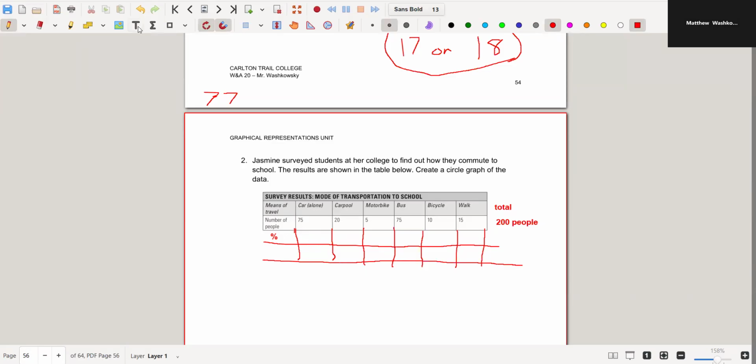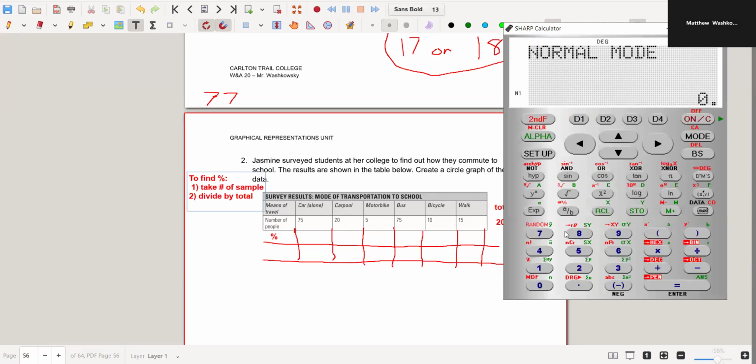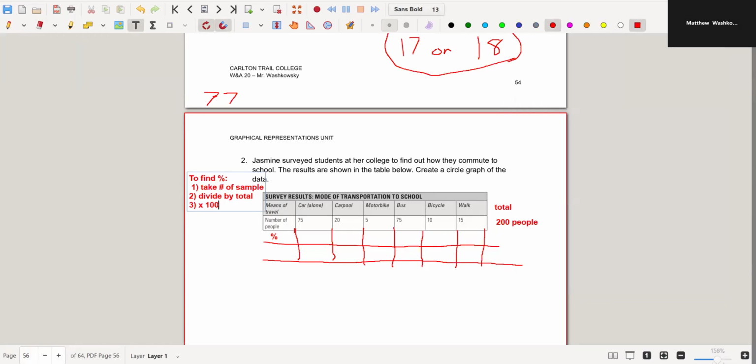Finding the percentage is really easy. Take the number of the sample, divide by the total, so 75 of 200 people, then times by 100.